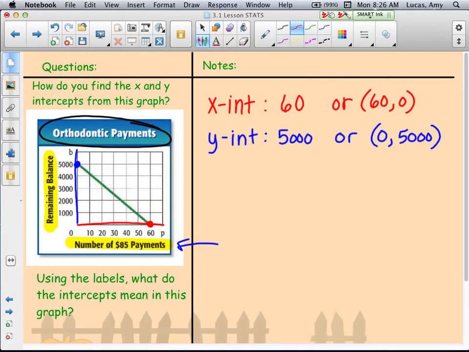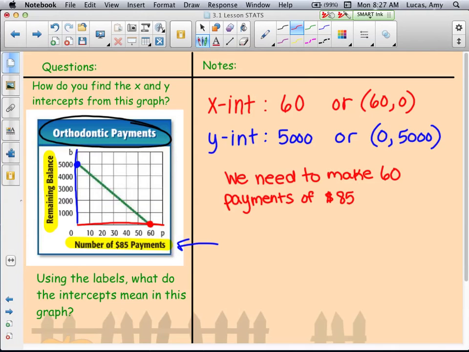So for the x-intercept, I would say we need to make 60 payments of $85 to pay for braces.